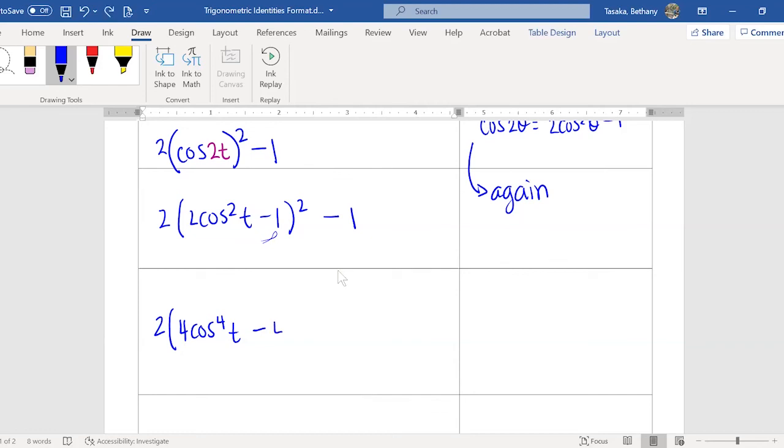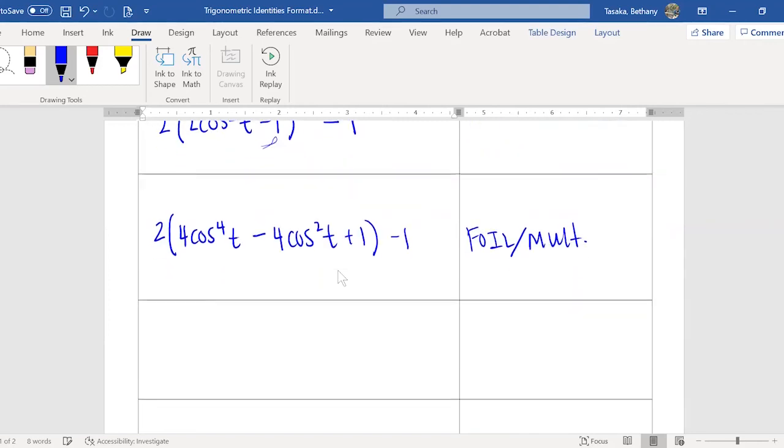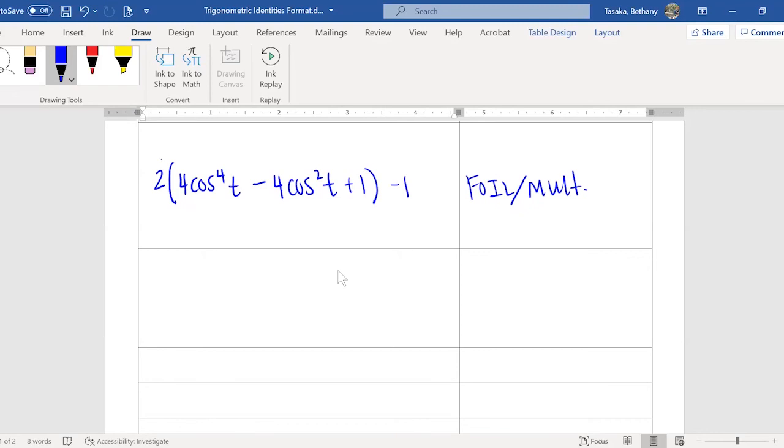So that's also going to be a 4 cosine squared t plus a 1 minus 1 outside the parentheses. So that's FOIL or multiply, right? And then I can distribute that 2, right, into all the terms over here. So that becomes 8 cosine to the 4th t minus also 8 cosine squared t plus 2 minus 1, okay?